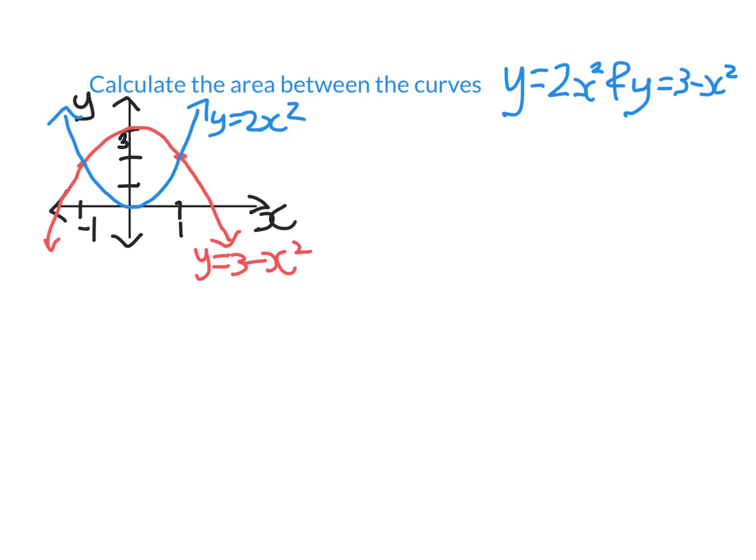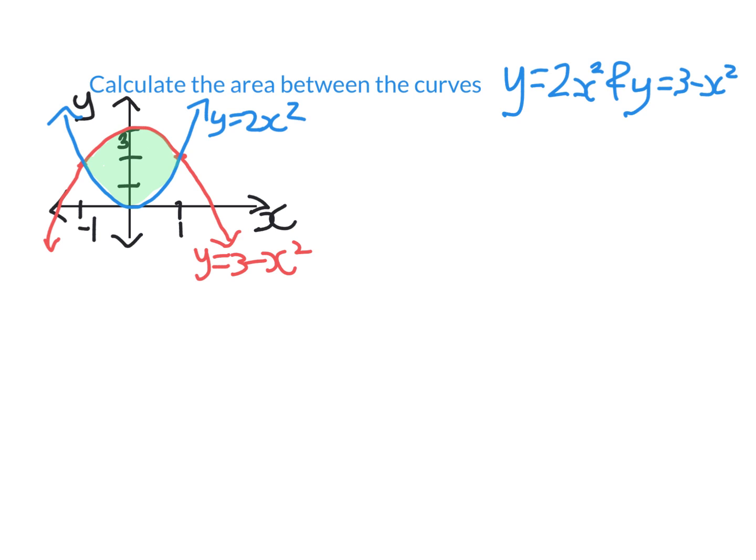When we're asked to calculate the area between the two curves, I'm calculating this area in here. The good news is when you're calculating the area between two curves, you don't need to worry about whether the curves are above or below the x-axis. What you do need to worry about is making sure you get the correct one on top and finding the points of intersection.